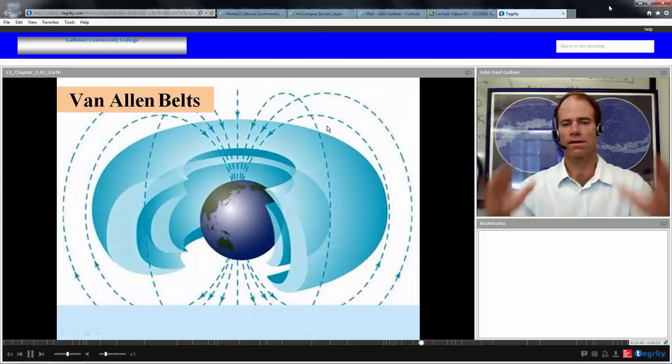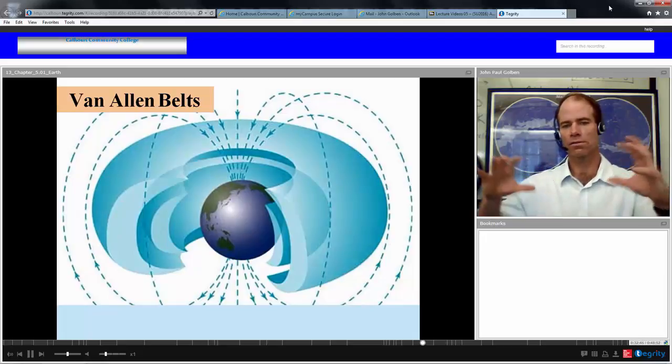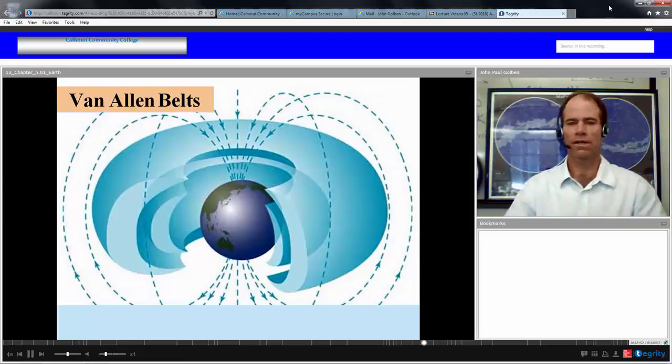Contained in that magnetic field are two belts called the Van Allen belts. They are trapped charged particles that are in donut-shaped zones around the Earth. In particular, they're not protective because they're just trapped charged particles, but the result of having them is a direct result of having a magnetic field.